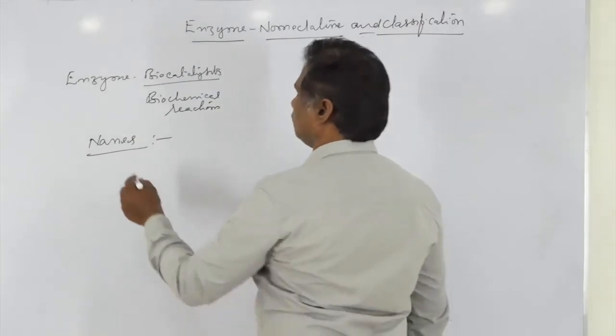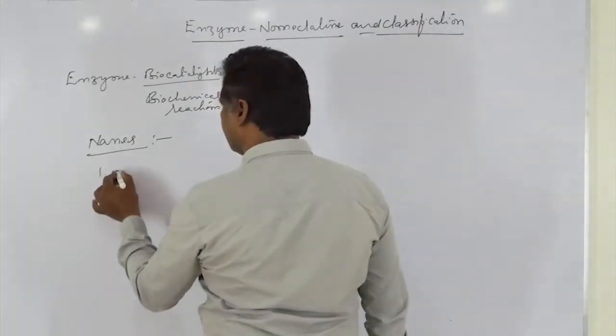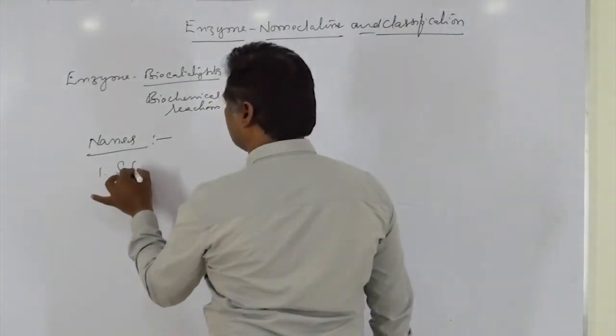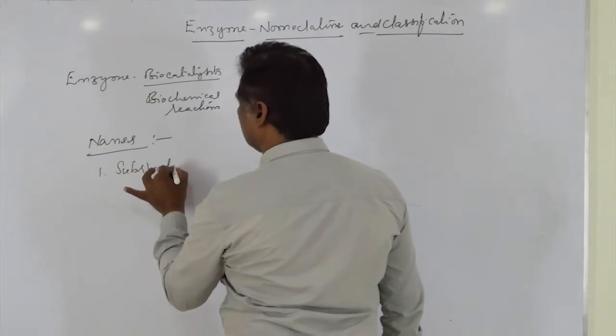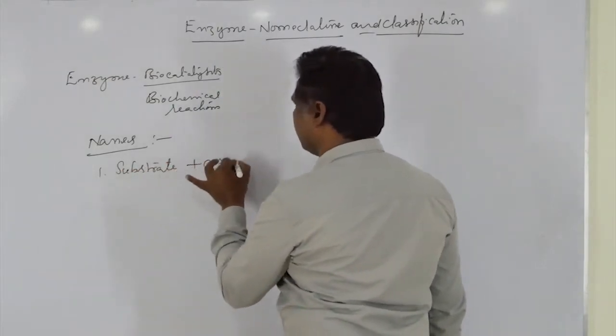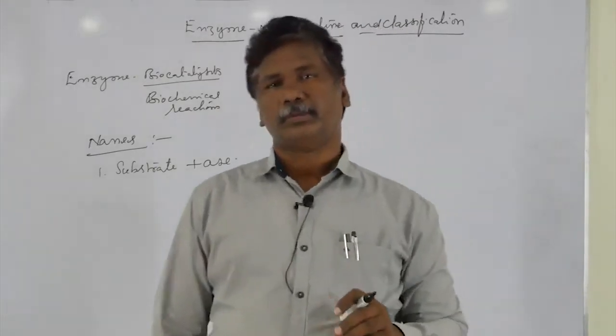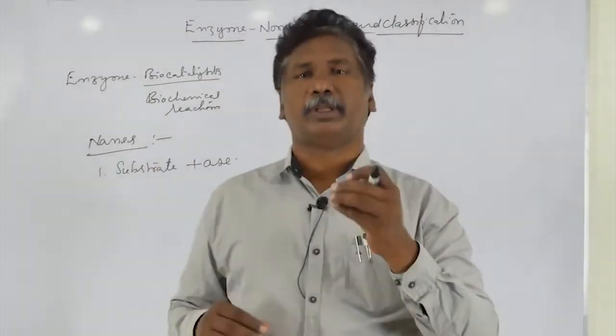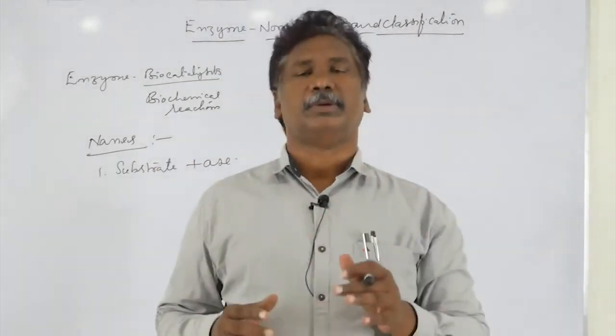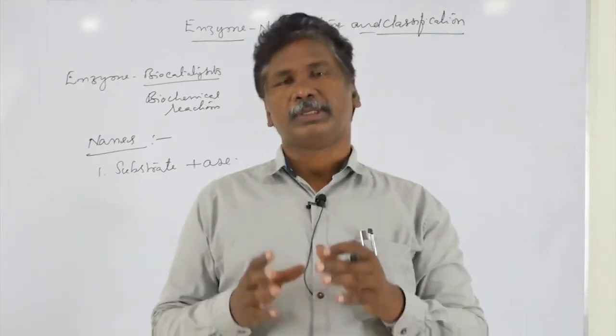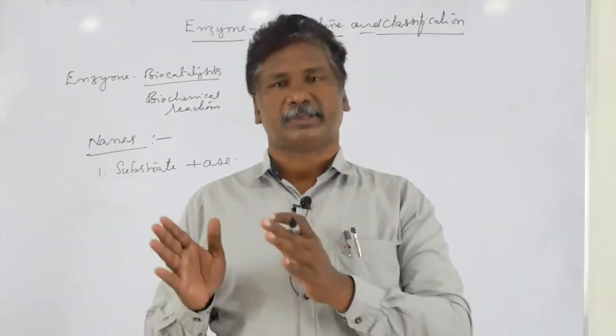First one: the name of the enzyme is based on the substrate plus the suffix ase. If an enzyme acts upon a substrate, its name is given based on the substrate with the suffix ase.